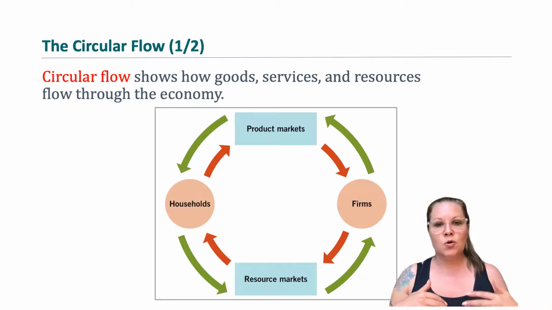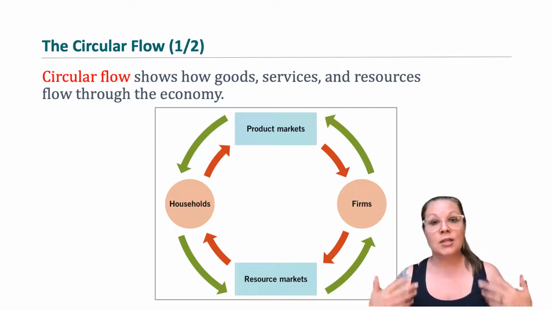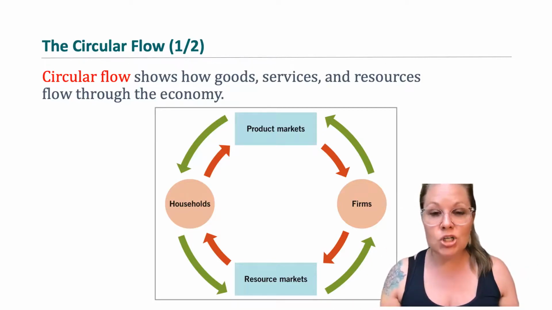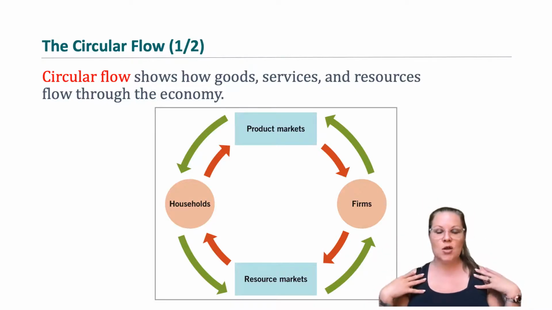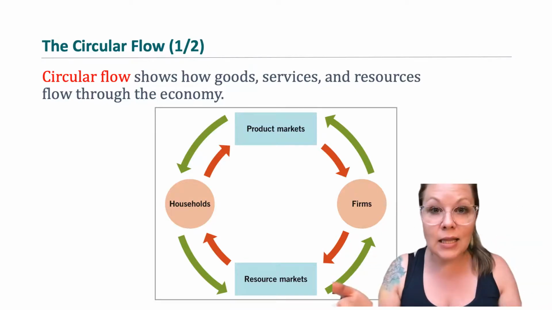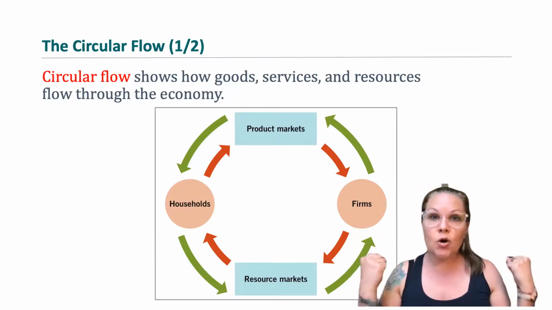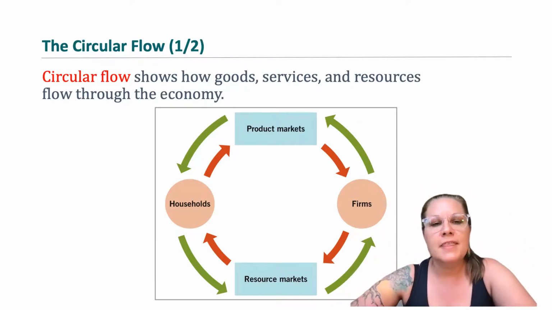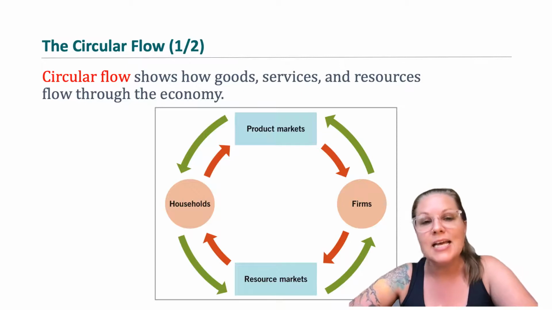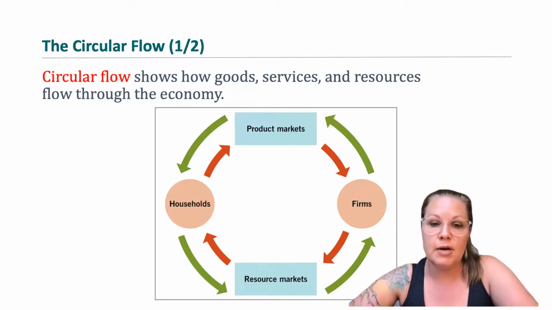So when households provide their labor, what do we get in return? We get wages. When firms sell a product or a service, what do they get in return? Money or payment. So this is how the circular flow diagram works. It relies on households and firms to be both buyers and sellers in these two complementary markets.